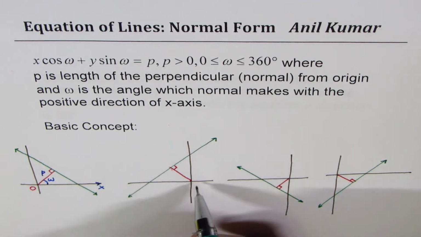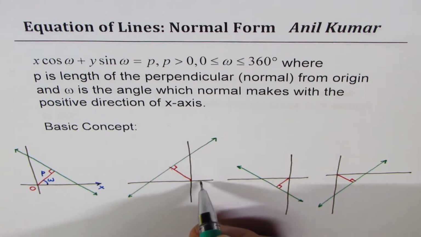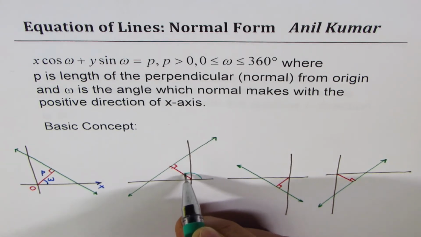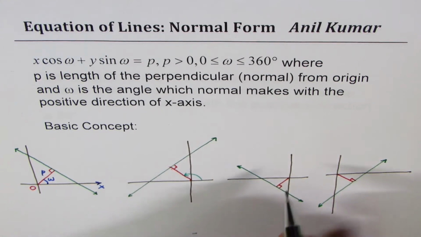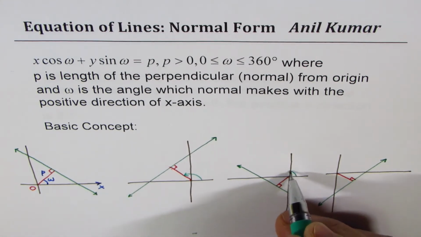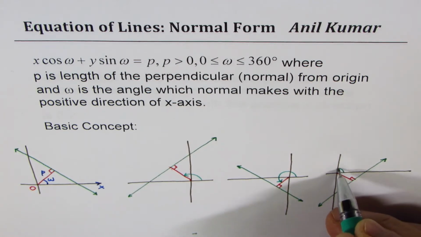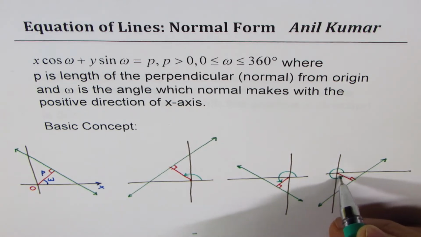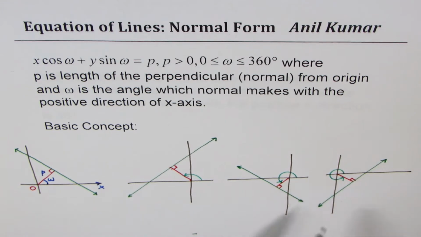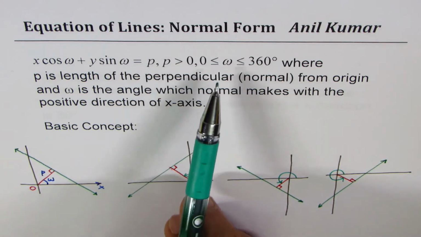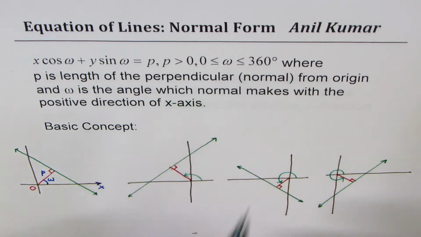The angle which the positive x-axis makes with the normal. So in this case, you'll see that omega is more than 90 degrees. And here, it is more than 180 degrees. And in this case, it is more than 270 degrees, right? So these could be 4 different positions of omega, saying that omega is between 0 and 360 degrees.